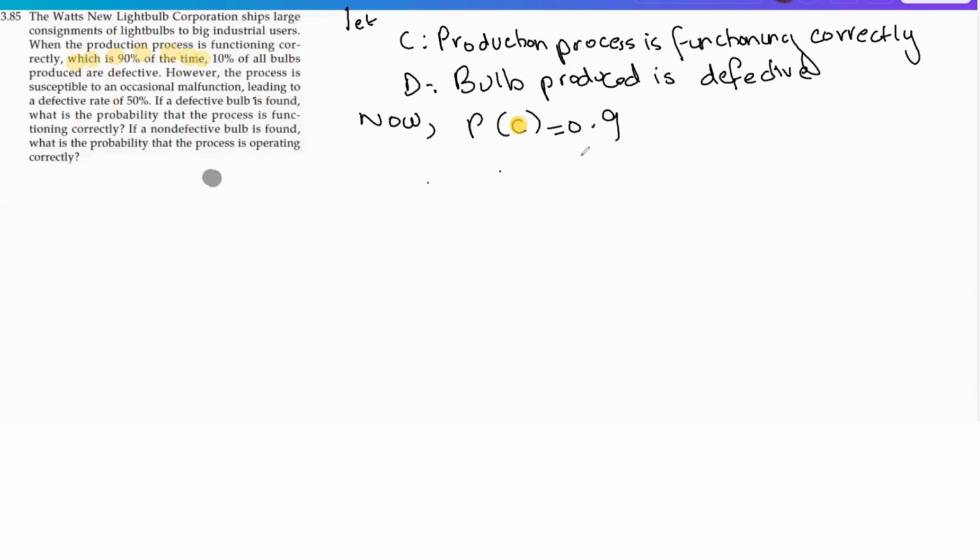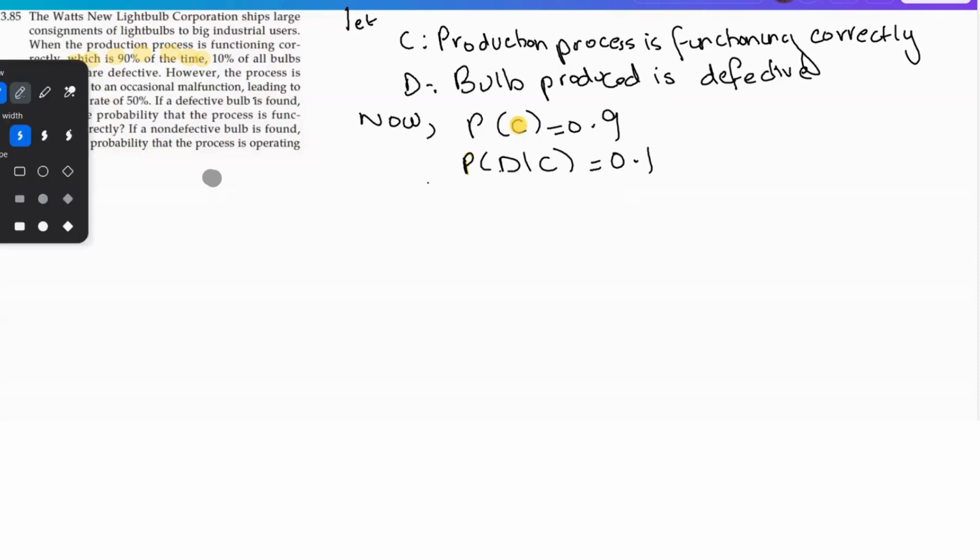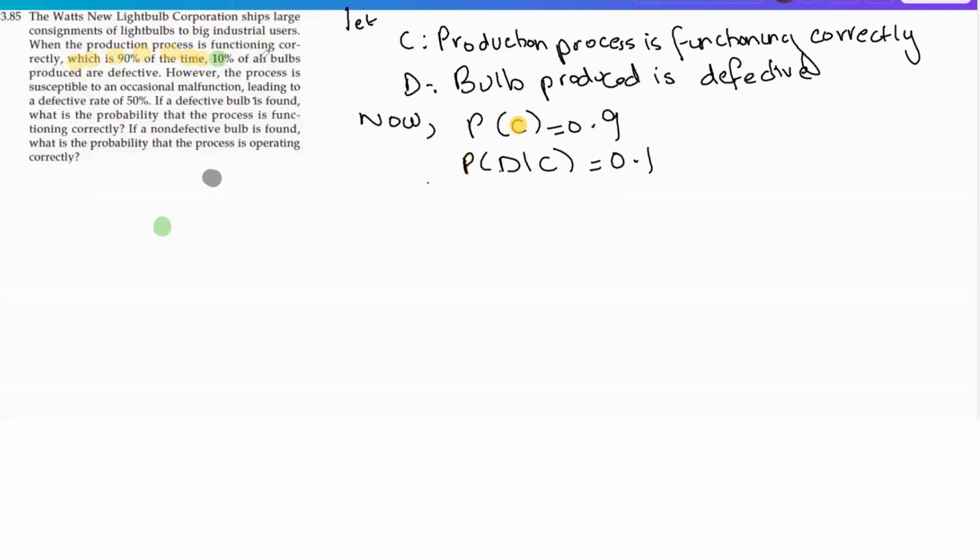Then we're told the probability of defective given that the process is functioning correctly is 0.1. Let's see where this is given to us. This is the 10%. The 90% of the time tells us that the probability of functioning correctly is 0.9.